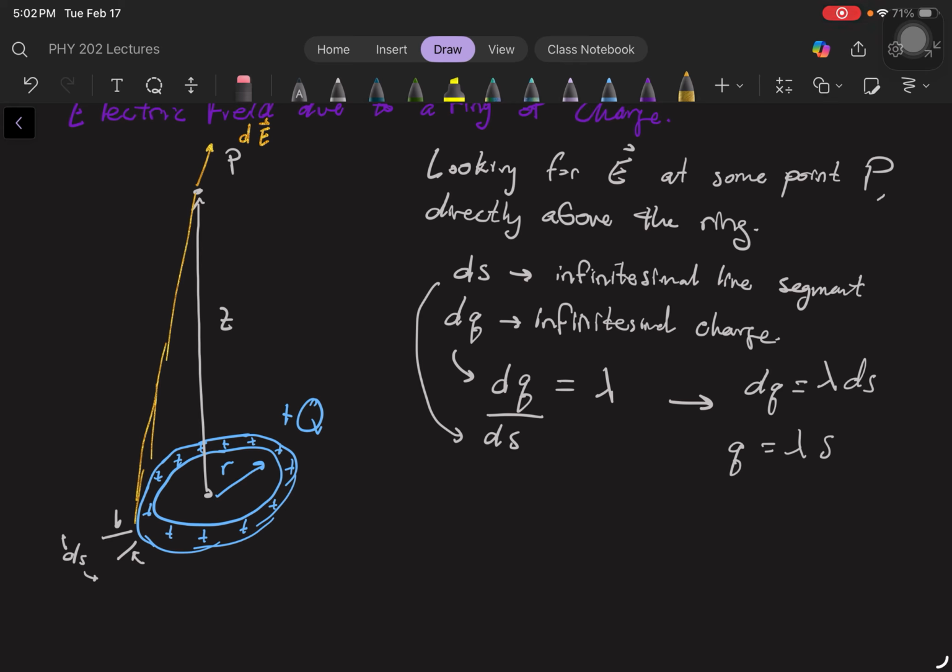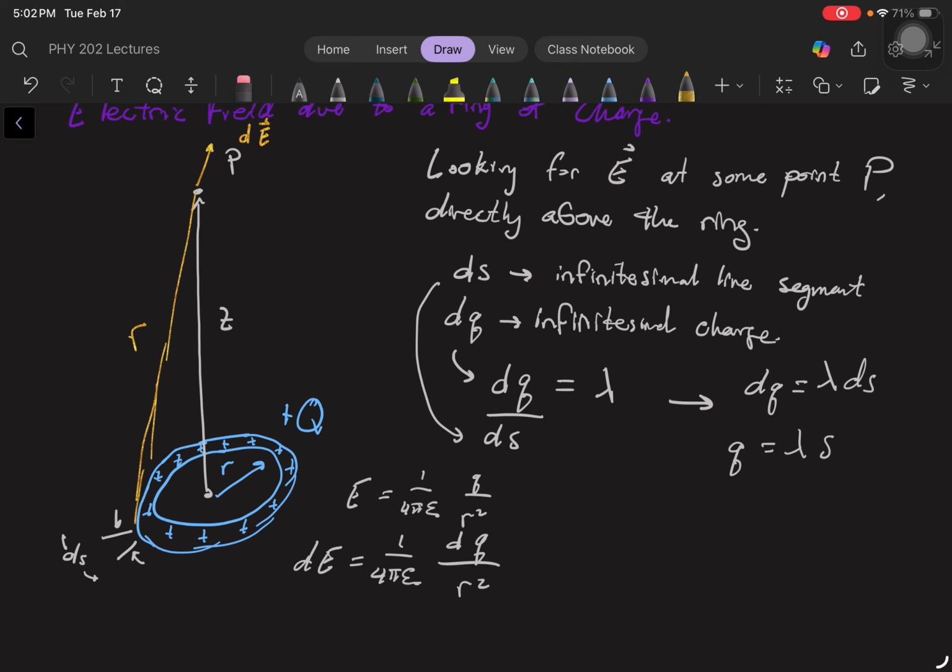And so just like we can say E is equal to 1 over 4 pi epsilon naught Q over R squared, we can say dE is going to be equal to 1 over 4 pi epsilon naught, and now we have dq over r squared, where r is the length from dq to our point P. Okay.